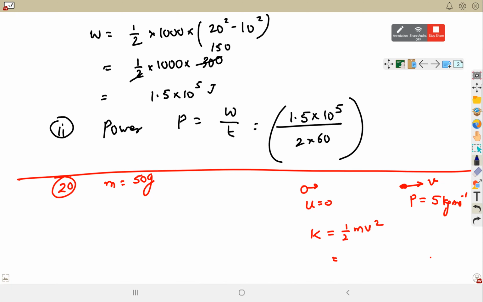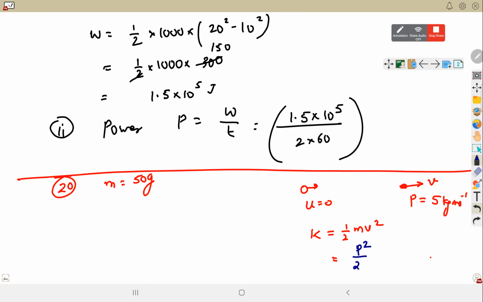I don't know, sir. Is it half into v square into m? That's the kinetic energy half mv square that I have written. I'm asking in terms of momentum P. Shrey, what is the formula? K equals P square upon 2m.